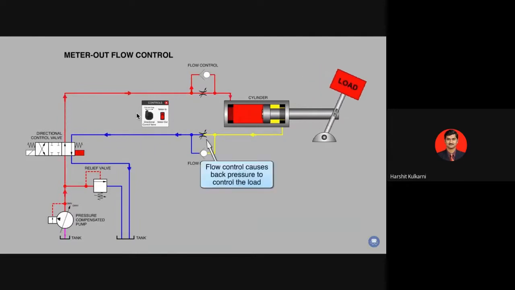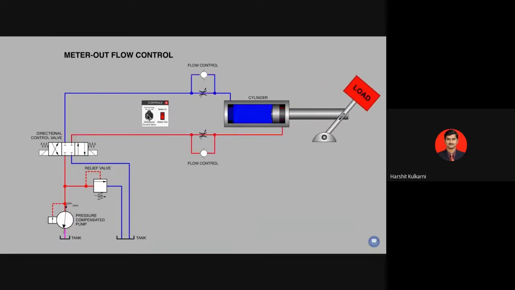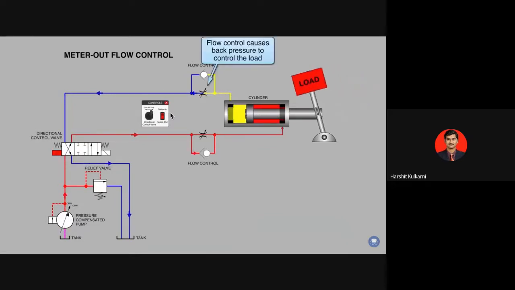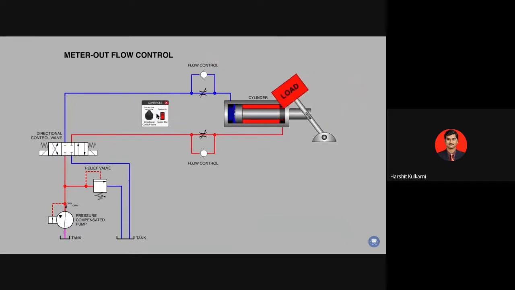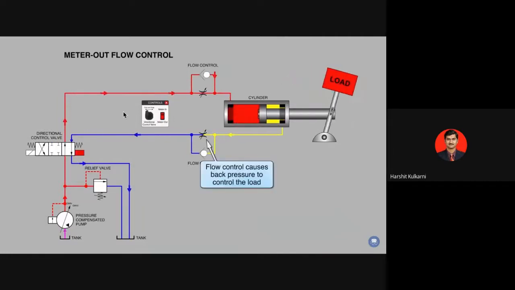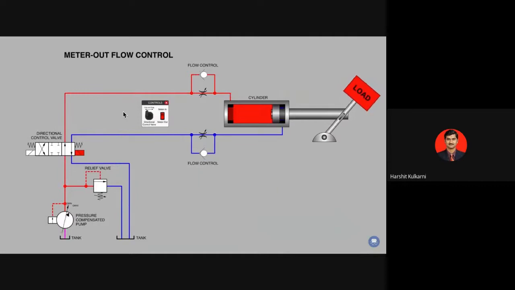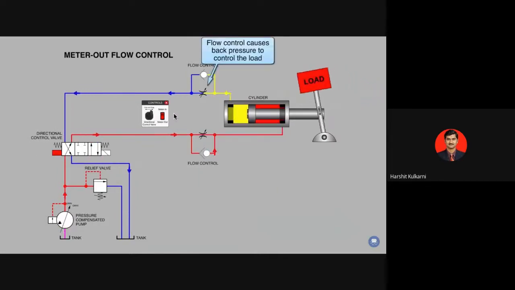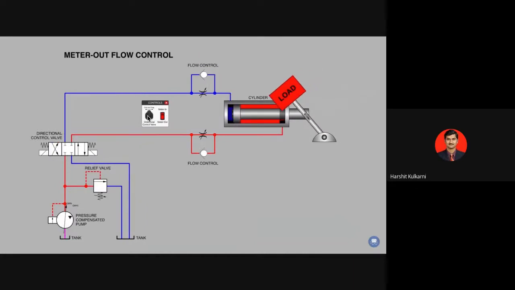In many cases, when you need to move the load quickly, a counterbalance valve is a much better choice, and of course no risk of pressure intensification on the rod side as long as that counterbalance valve has been chosen and specified correctly. So that's an introduction to meter in versus meter out flow controlling as used to control the speed of a cylinder.